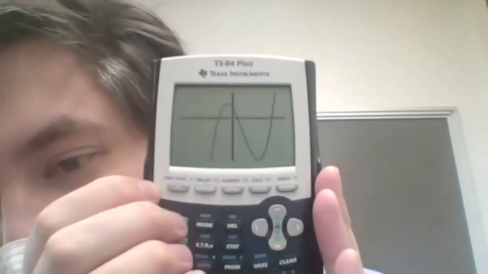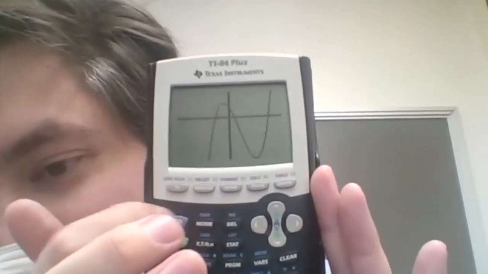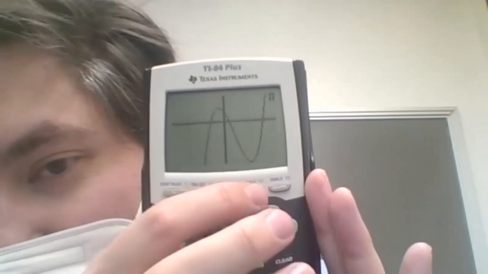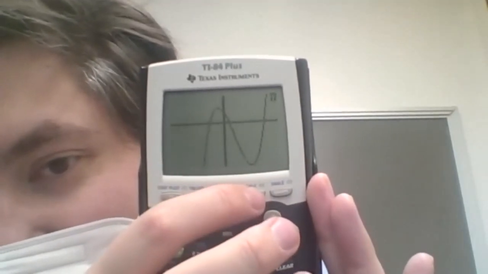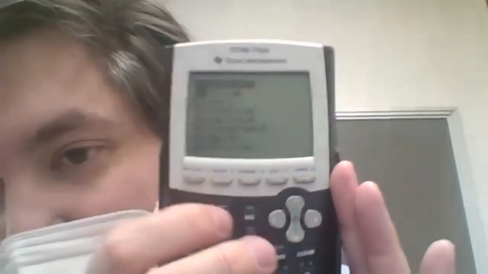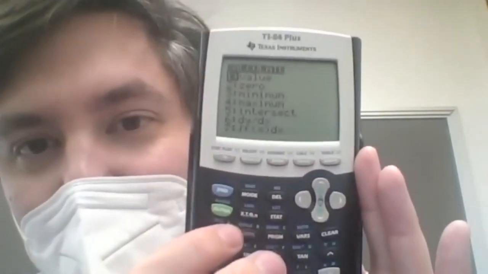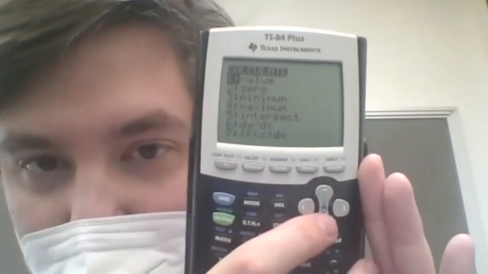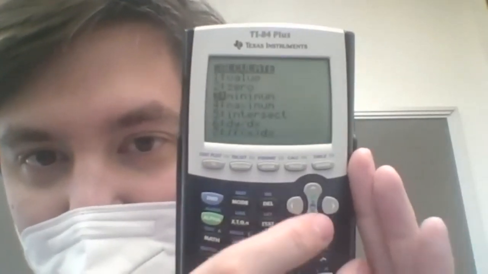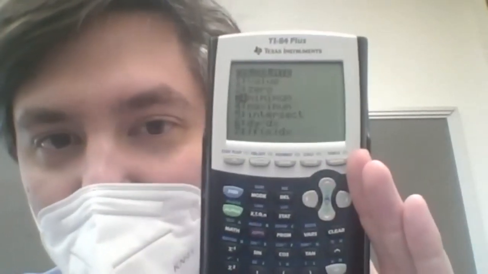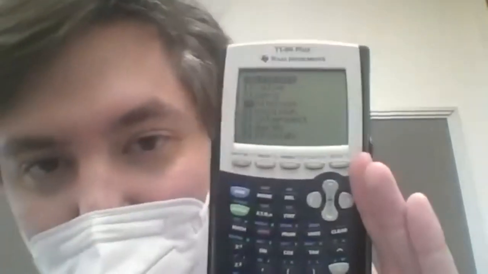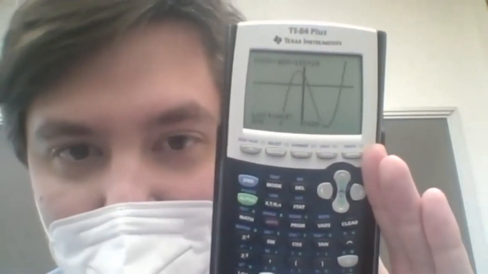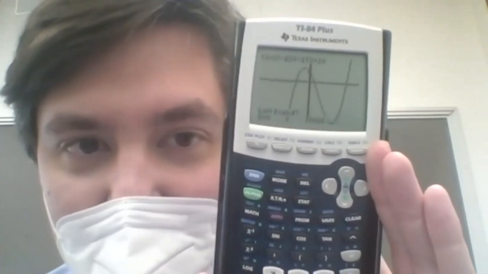And so what you need to do is push the second key and then push the trace button to get to the calc menu. And you will notice there are options down here. One is for maximum and one is for minimum. So I'm going to arrow down and pick this one right here for minimum, and I'm going to press enter. Now it will say, give me a left bound.